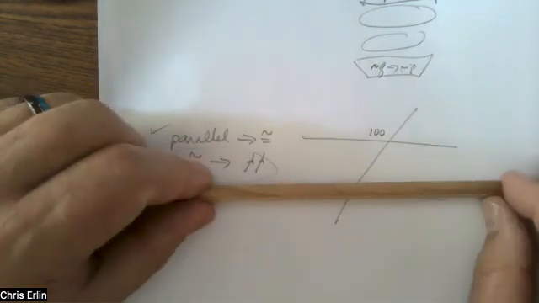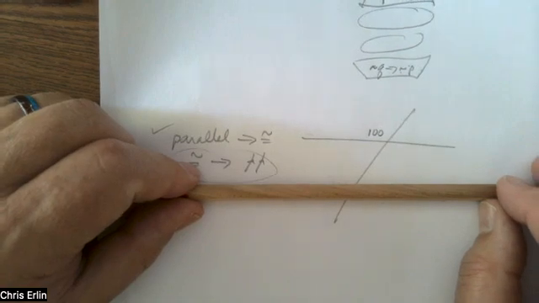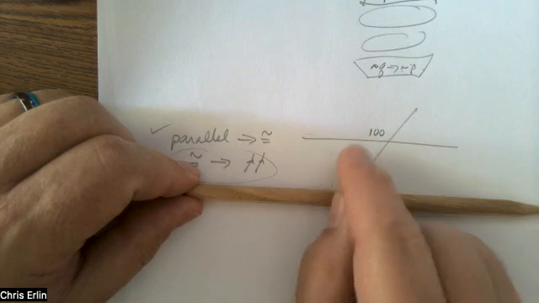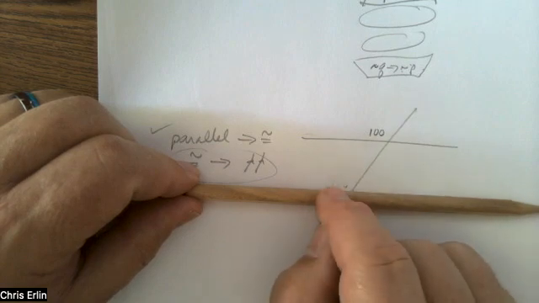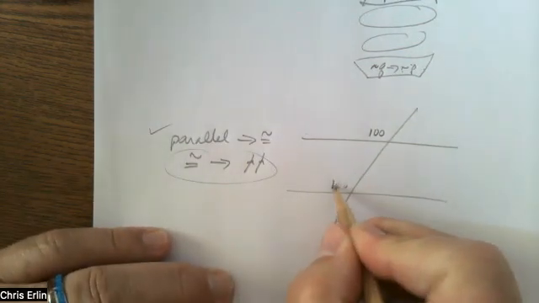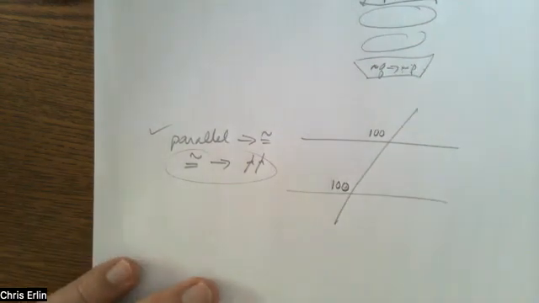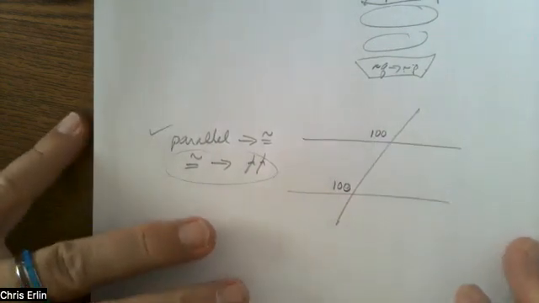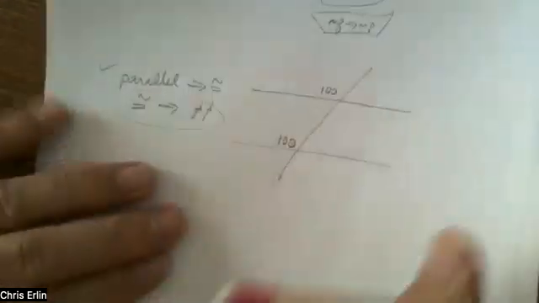Isn't there some place where it is parallel? And if every place these are not congruent, it's not parallel, and there is some place where it is parallel, doesn't that mean that the only place it's parallel is where this angle is 100 degrees? Yes. So therefore, I'm going to ask that we accept this as our next postulate.